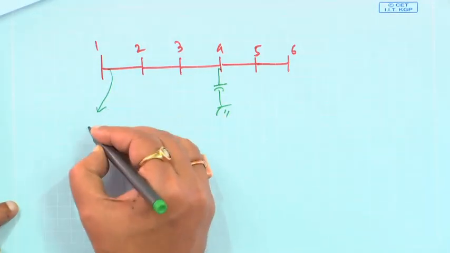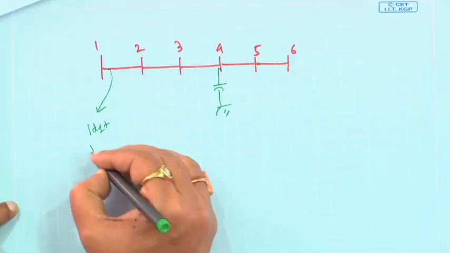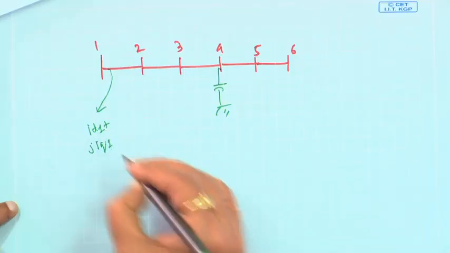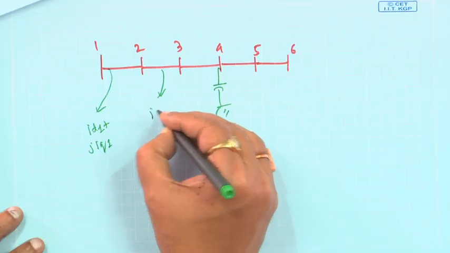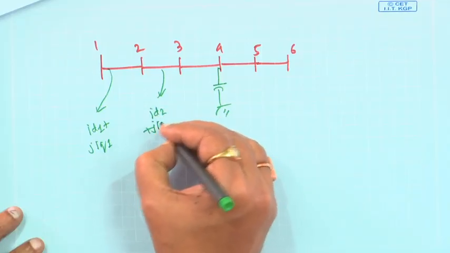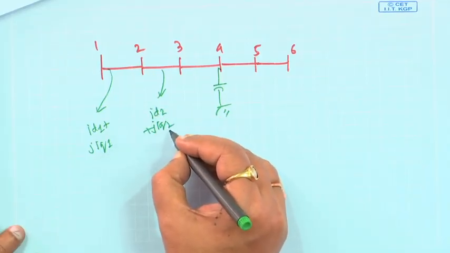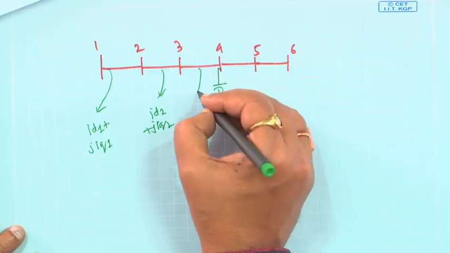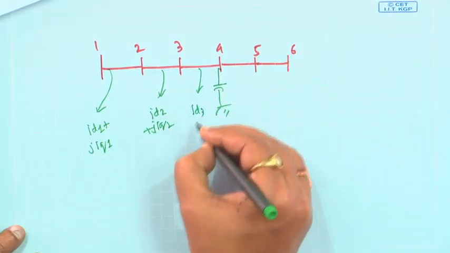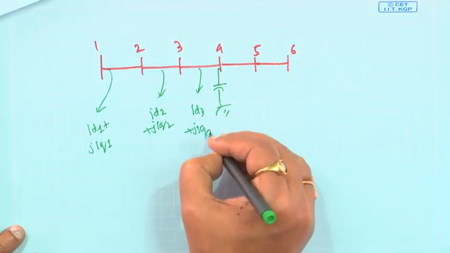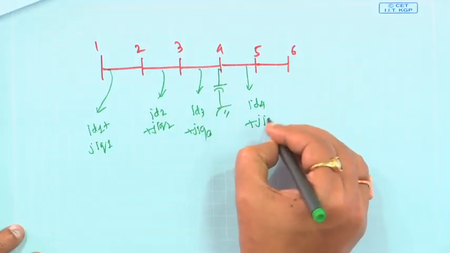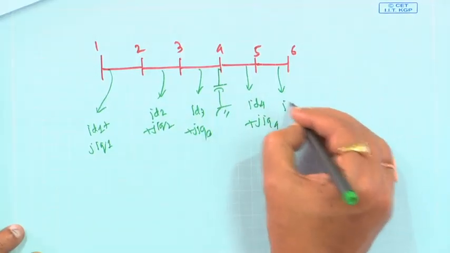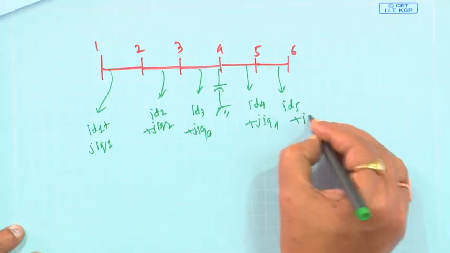The current through the branch, say, is ID1 plus j IQ1, the real and imaginary components of the current. This branch current, I2, is ID2 plus j IQ2. If it is lagging, IQ2 will be negative, it does not matter. This branch current is ID3 plus j IQ3, branch 4 is ID4 plus j IQ4, and this branch is ID5 plus j IQ5.